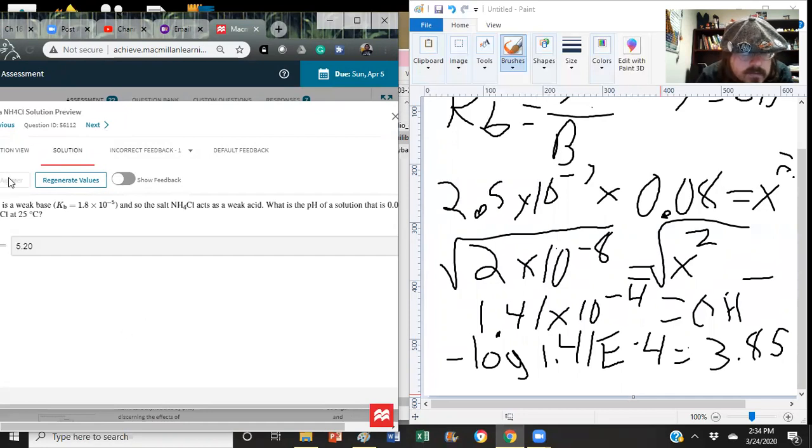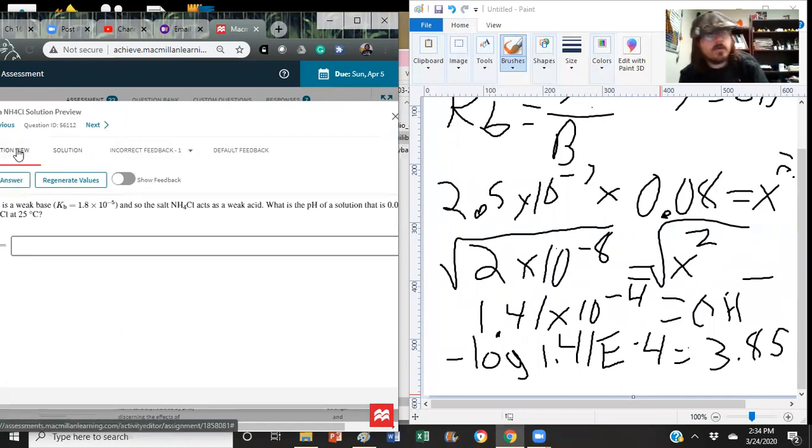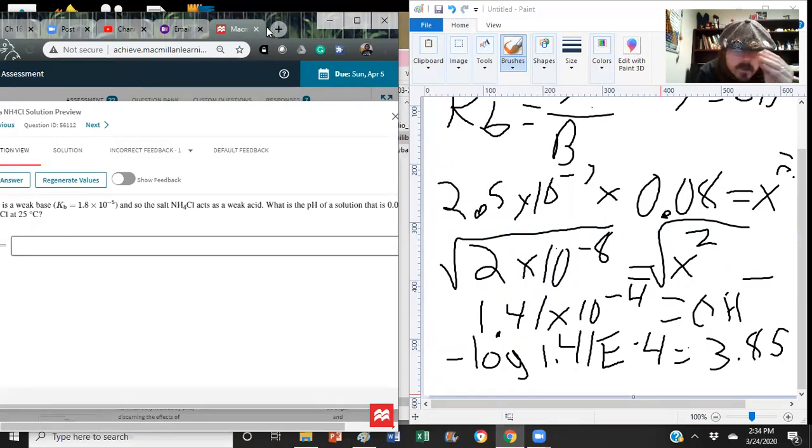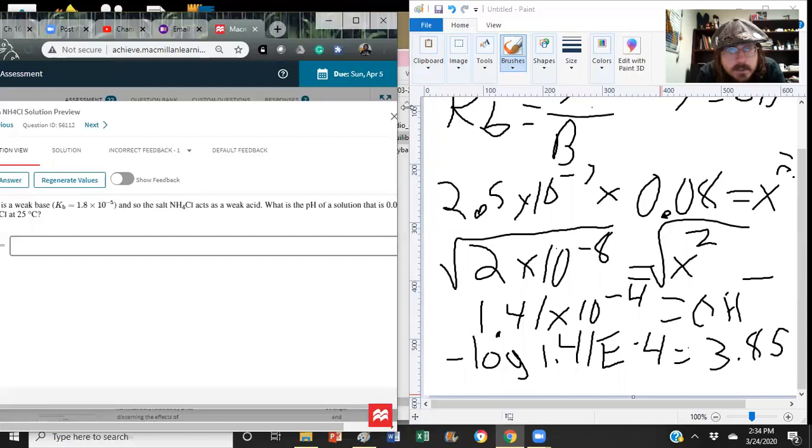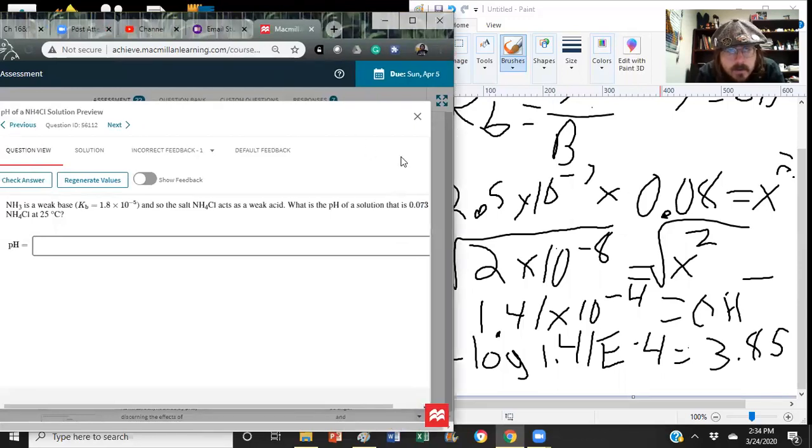Now, the other problem you could get is ammonium chloride. As you do that one, it is everything we just did except in reverse. Because they give us a weak base, and then they ask what the pH would be if I had the conjugate acid. The only difference is you do not have to turn your pH into pOH.